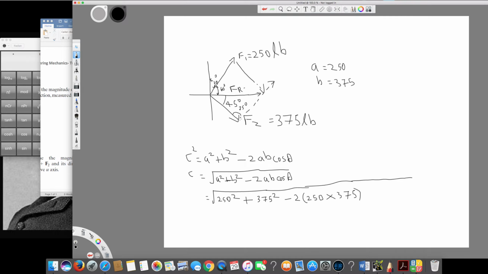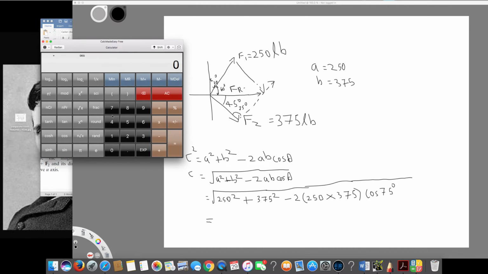So cos theta is the angle that is opposite to the resultant force. So FR is here. As you see, the angle opposite to FR is 75 degree. So we have to choose that angle here, cos 75 degree. Let's calculate this one.